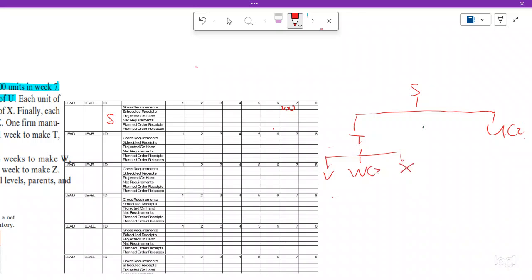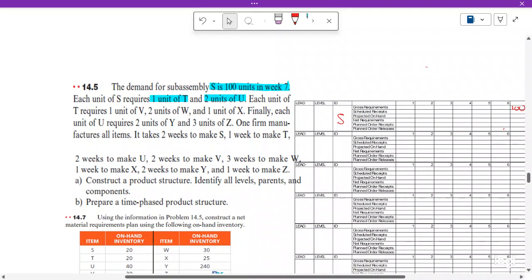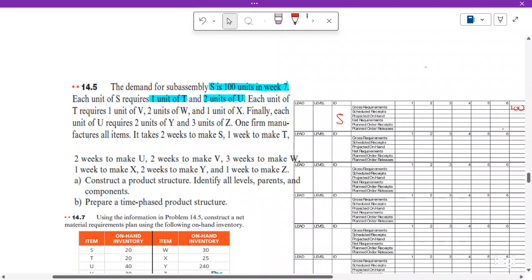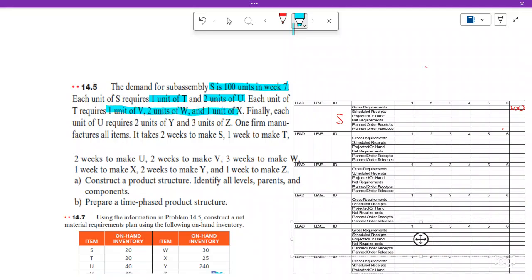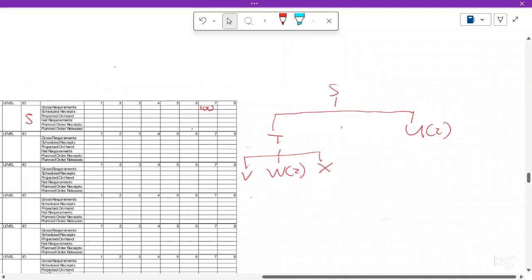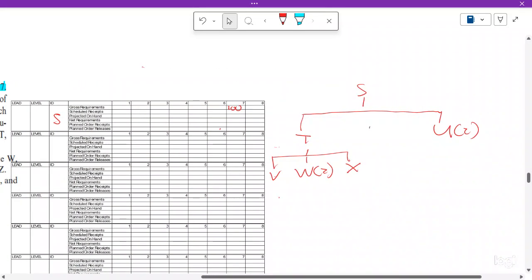But for W, it requires 2. Then it looks like this.